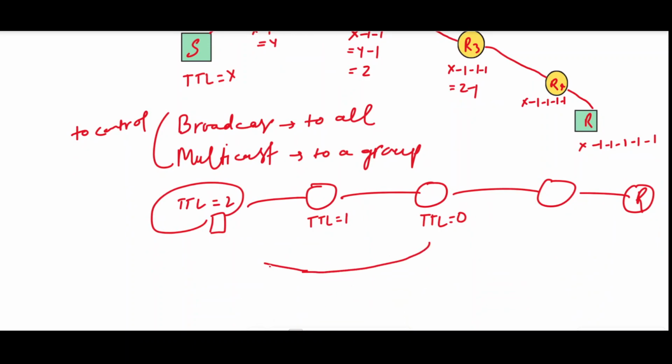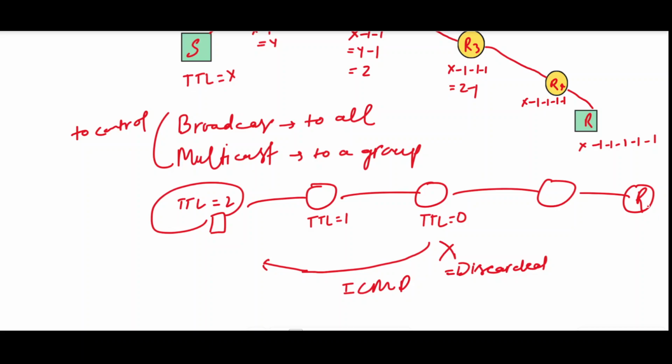And it sends an ICMP packet here. Because this packet is discarded, that means it is not received by the receiver. Clear?